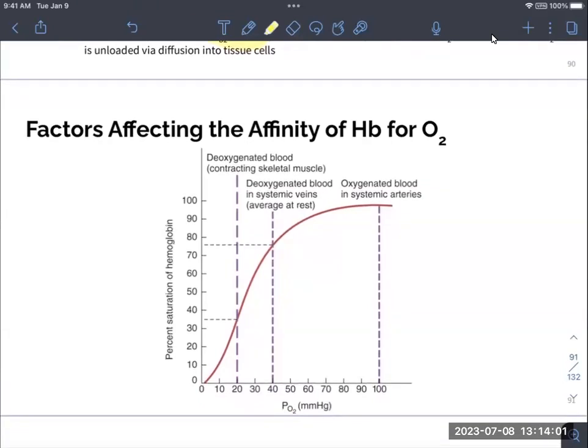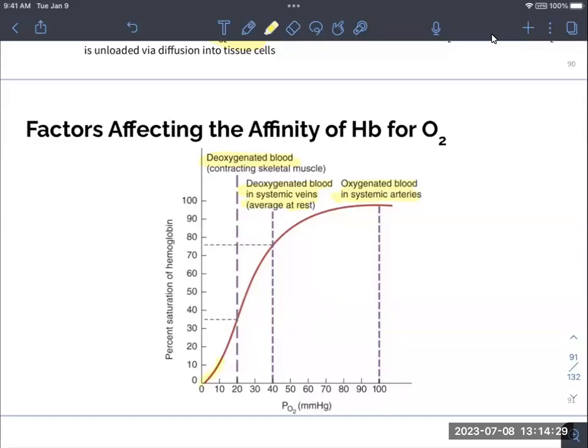So if we look at what affects that affinity of hemoglobin for oxygen here: contracting muscles, that deoxygenated blood in those systemic veins, and even that oxygenated blood in those arteries.